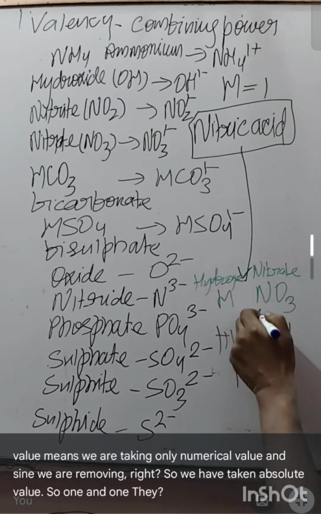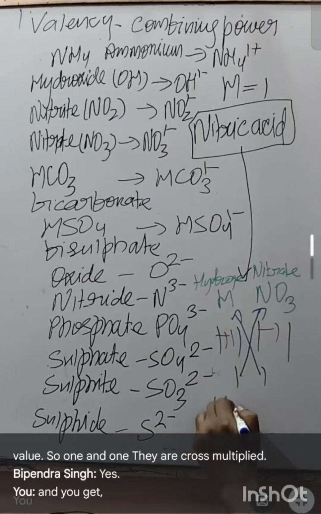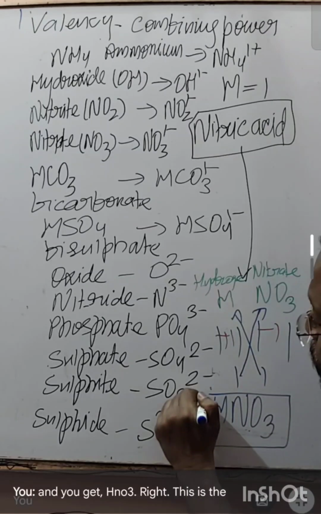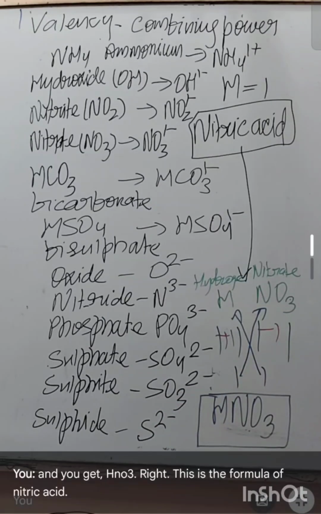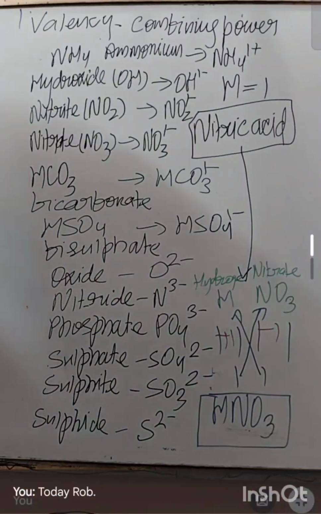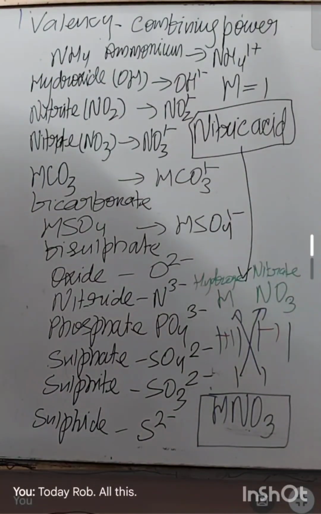They are cross multiplied and you get HNO3, right? Yes, sir. This is the formula of nitric acid. I hope you understood. Great.